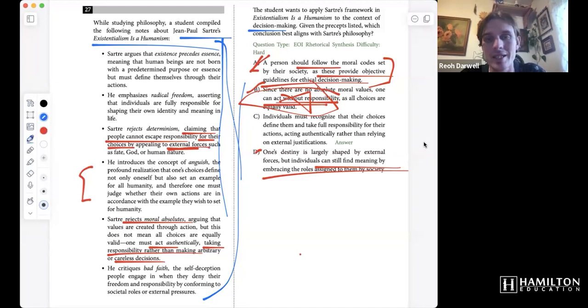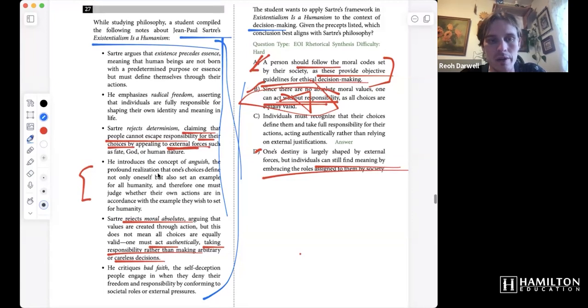So why is C correct? So individuals must recognize that their choices define them, right? Here we go. That one's choices define not only oneself, but also set an example for humanity, right? And then also that they must take full responsibility for their actions. Why must they take full responsibility for their actions? We see right here.